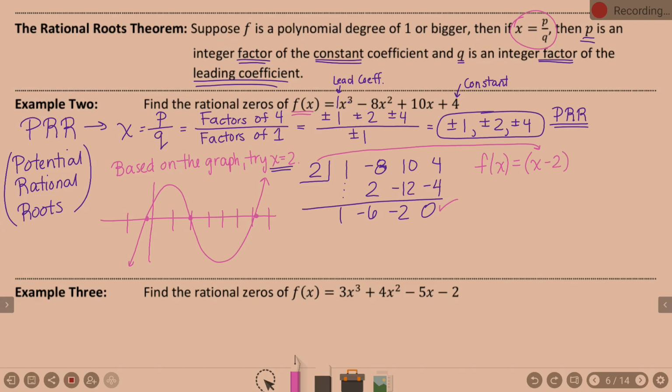So we know that's part of the factored form. Now, we divided by x minus 2. We got a remainder of 0. What's our other factor? Put the variables back in. 1, -6, -2 represents 1x squared minus 6x minus 2. That's my other factor: x squared minus 6x minus 2.